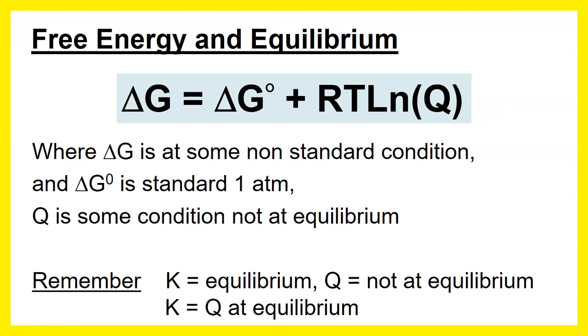So this allows us to figure out where we are and how far we are away from that equilibrium position. If you can calculate your delta G, you can figure out on which side of that graph you're on, and you can figure out which direction you're going to proceed.